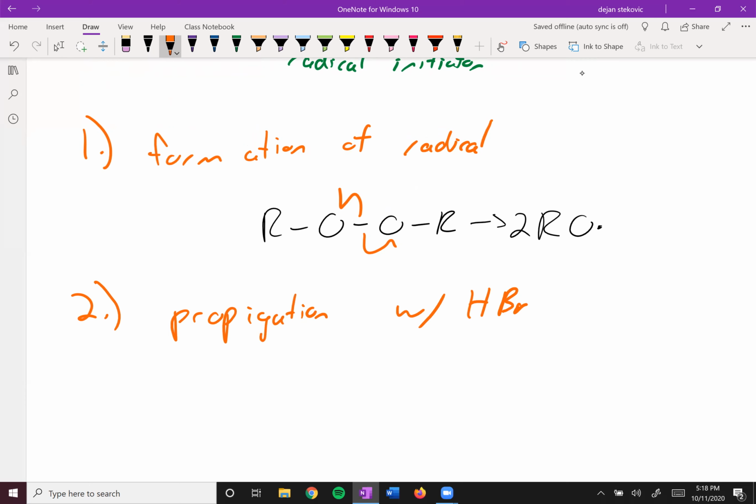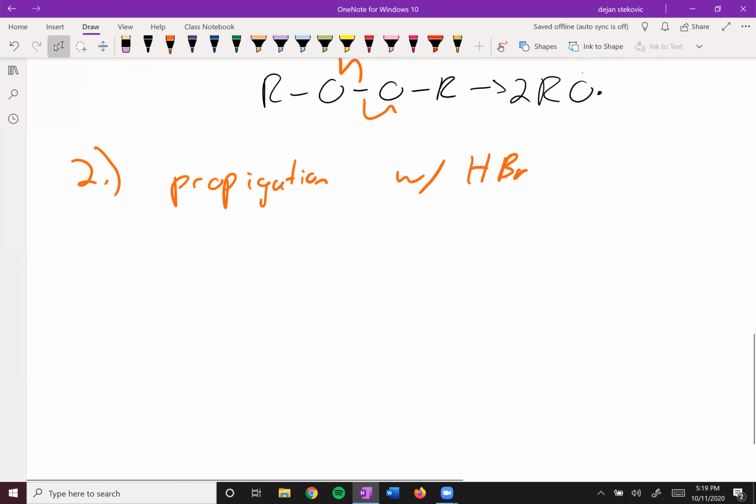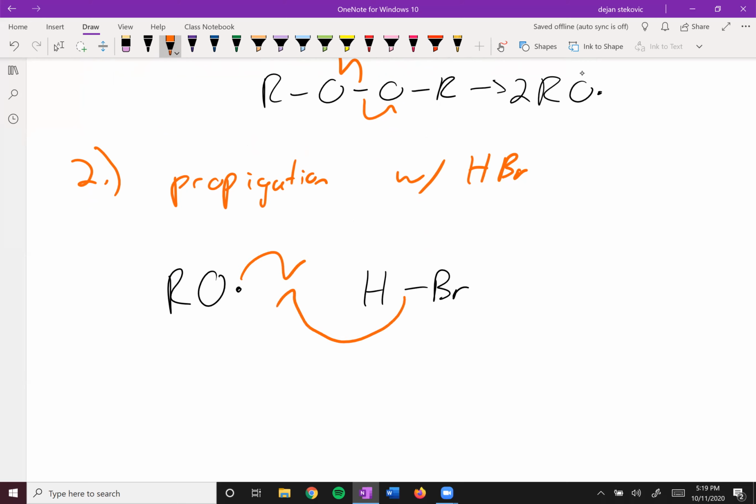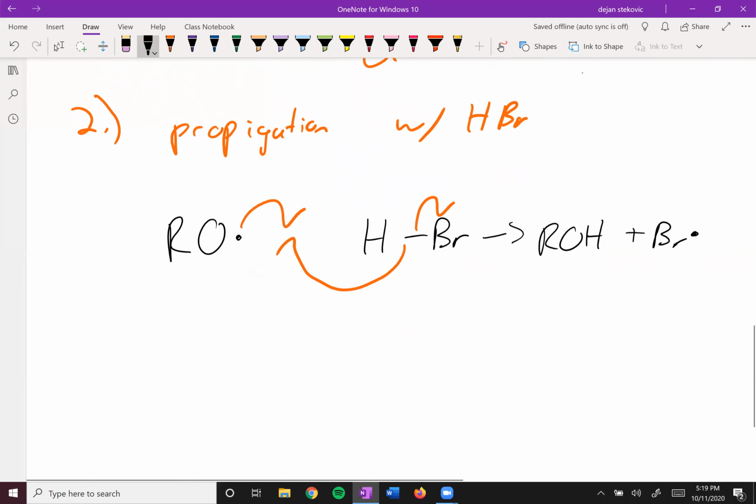Due to thermodynamic reasons, this radical is first going to react with HBr. So we have this radical, we've got HBr, and it's going to form an OH bond, an alcohol bond. So ROH plus our Br radical.